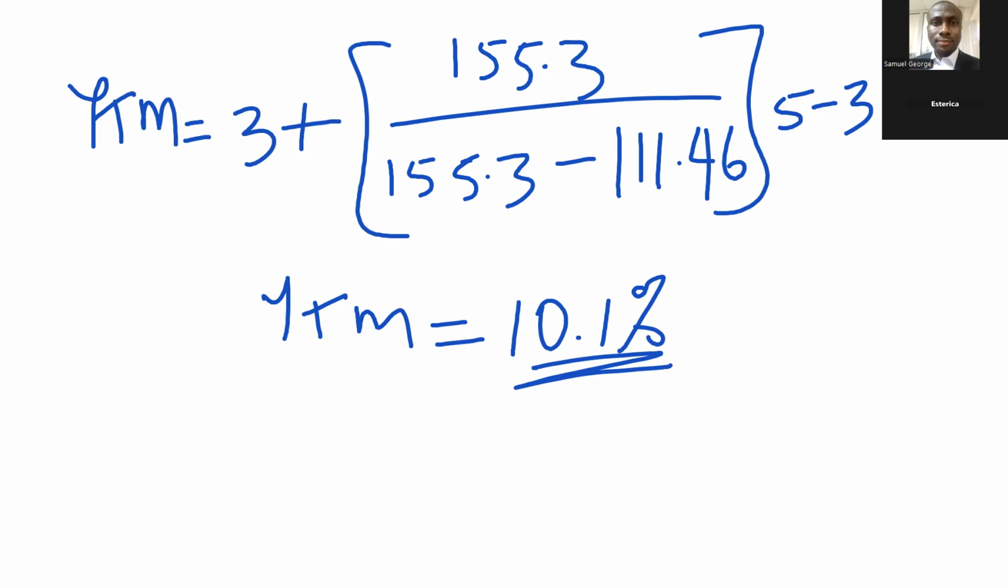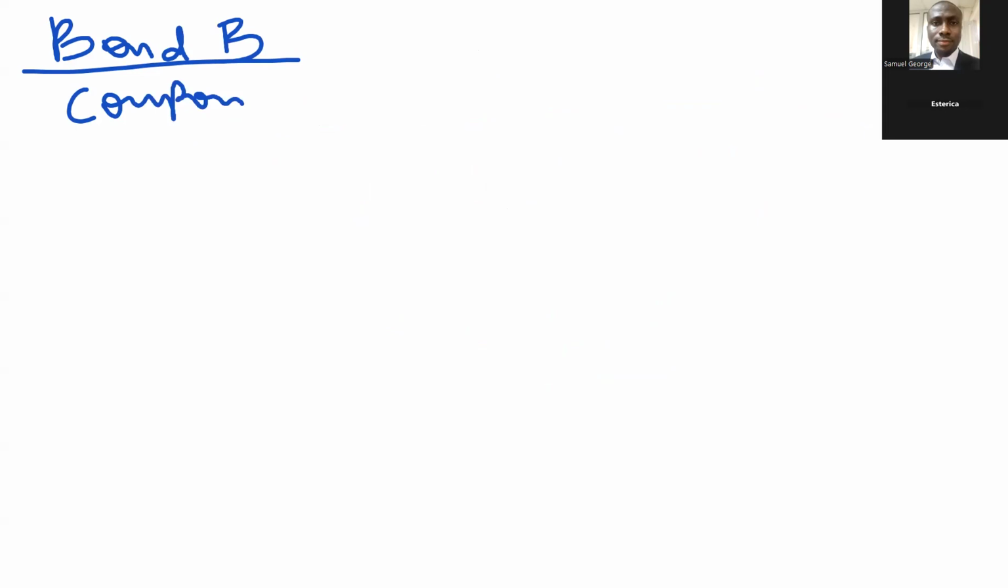Yield to maturity for bond B. Okay, now for bond B, we are calculating yield to maturity. What are the features? Let's state them again. The coupon of bond B is what? 12%.